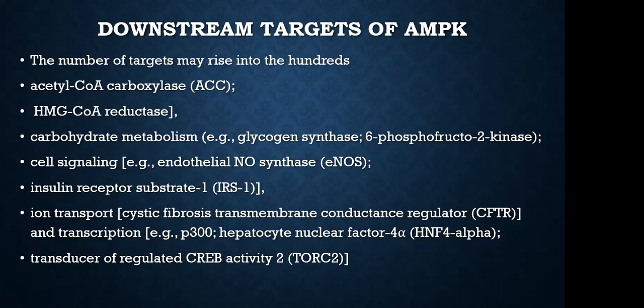So here are just some examples, like acetyl-CoA carboxylase, HMG-CoA reductase, carbohydrate metabolism like glycogen synthase, cell signaling like endothelial nitric oxide synthase and insulin receptor substrates, ion transport like cystic fibrosis transmembrane conductance regulator, and transcription like hepatocyte nuclear factor 4 alpha, and it also functions as a transducer of regulated Krebs activity.